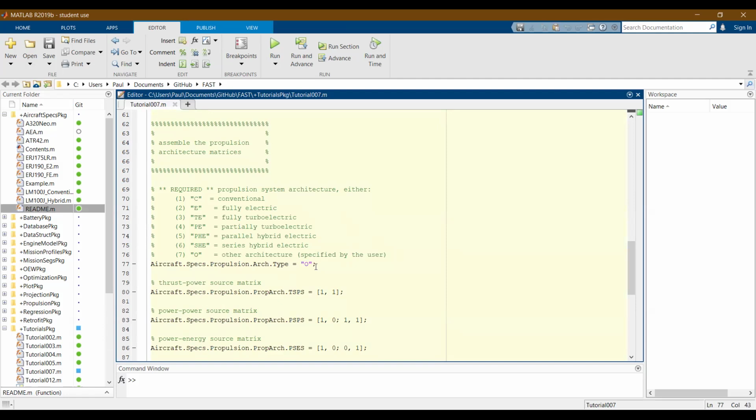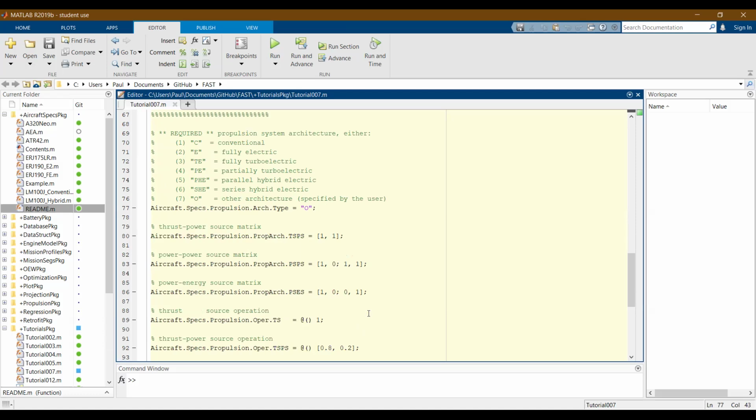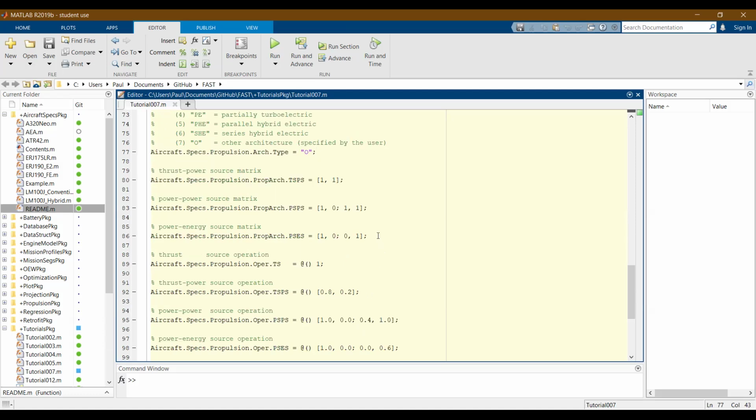So now let's start making our architecture matrices. First one is the TSPS matrix, which if you remember from the slides was 1, 1. The PSPS matrix was 1, 0, 1, 1. The power sources to energy sources connections were 1, 0, 0, 1.